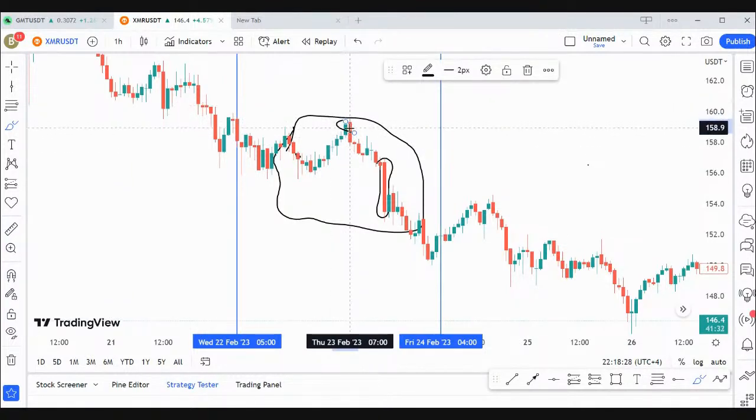So each candle here represents 1 hour. Okay, so each candle here represents the amount of money that was used to buy this coin in a 1 hour time frame. That is this candle.